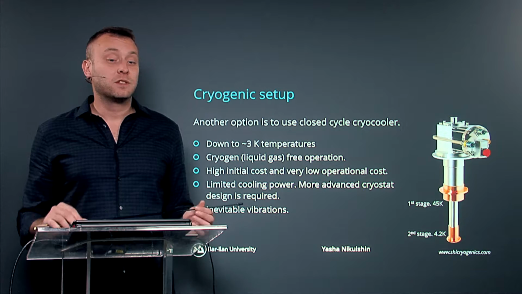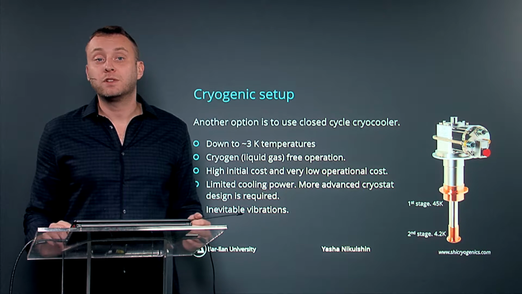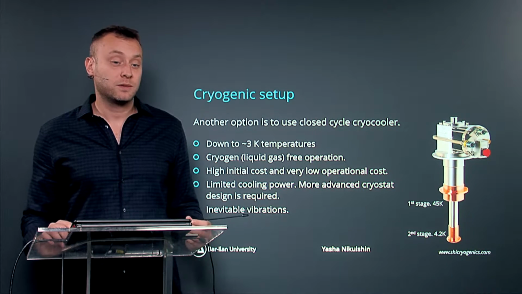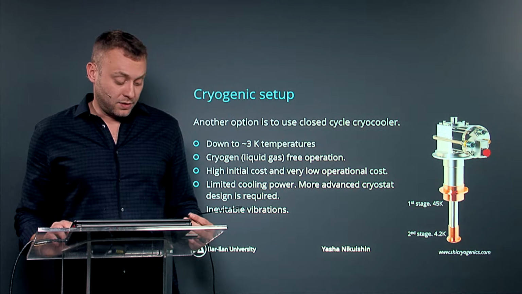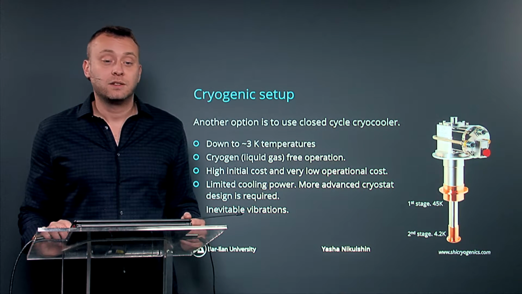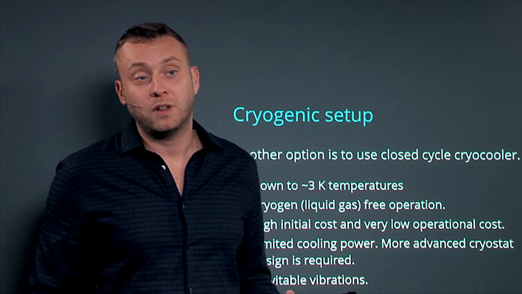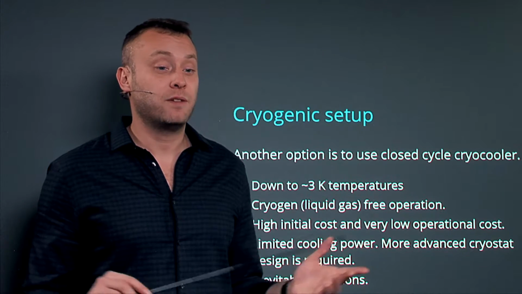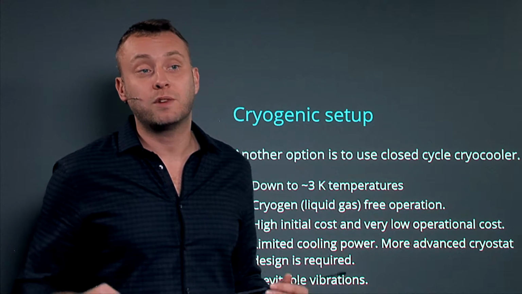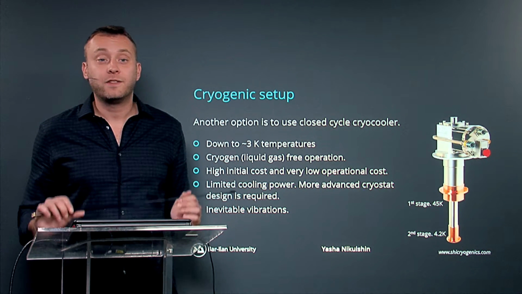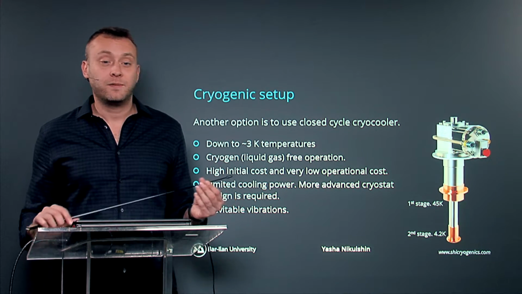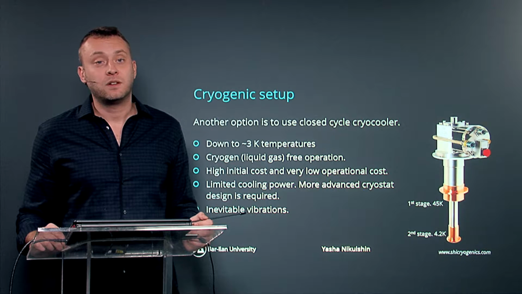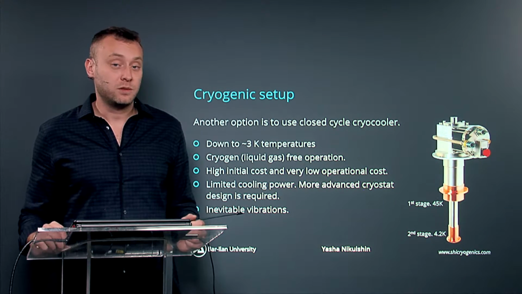But it has limited cooling power, and a more advanced cryostat design is required. The other drawback is vibration. It has some kind of motor that introduces vibration, so if the measurement is very sensitive to it, this option cannot be used.